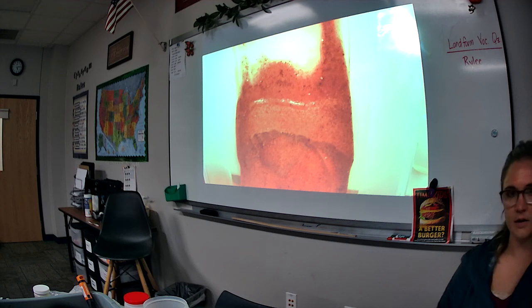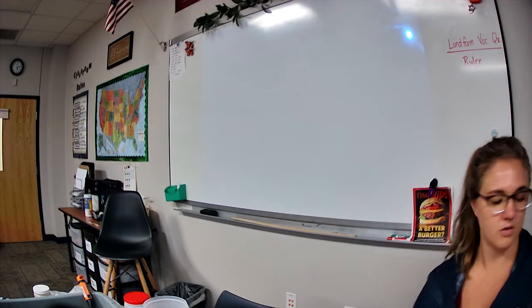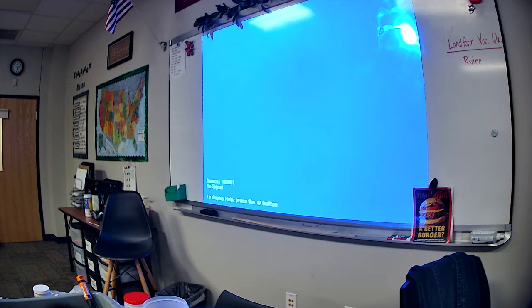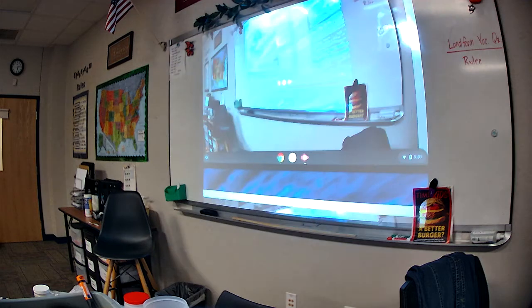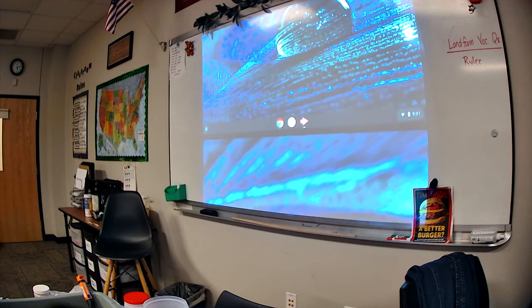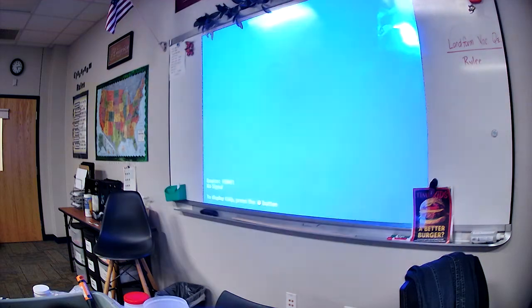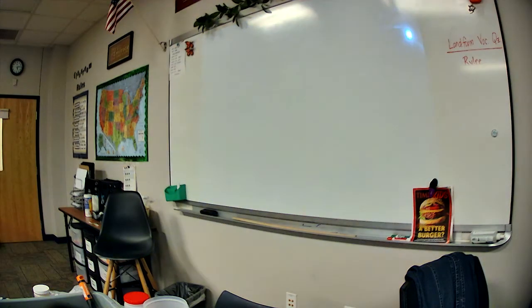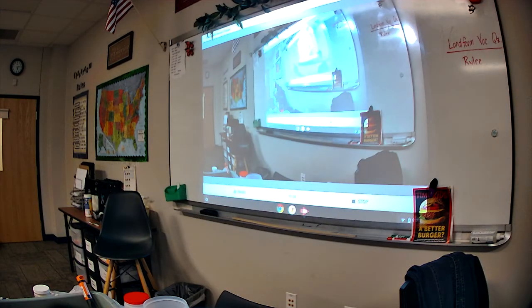Actually, I wonder if I can do this. Let me try something. I wonder if I can put this. Is that what they're seeing? Yeah. It's so cool how it's. Now it's all on that.